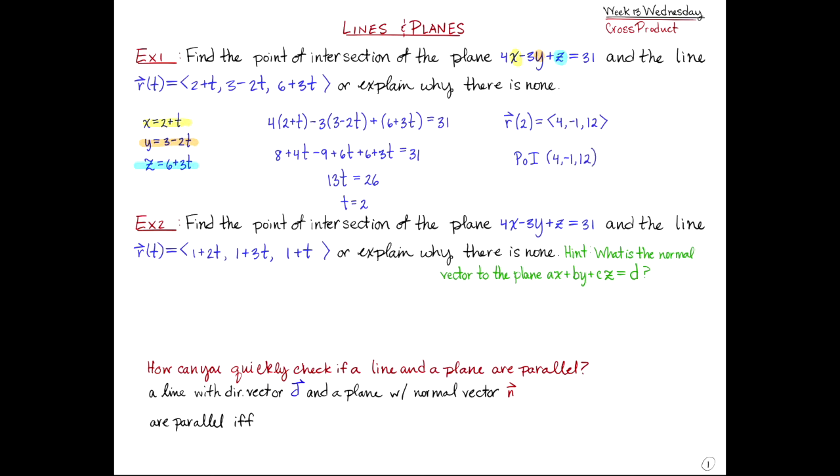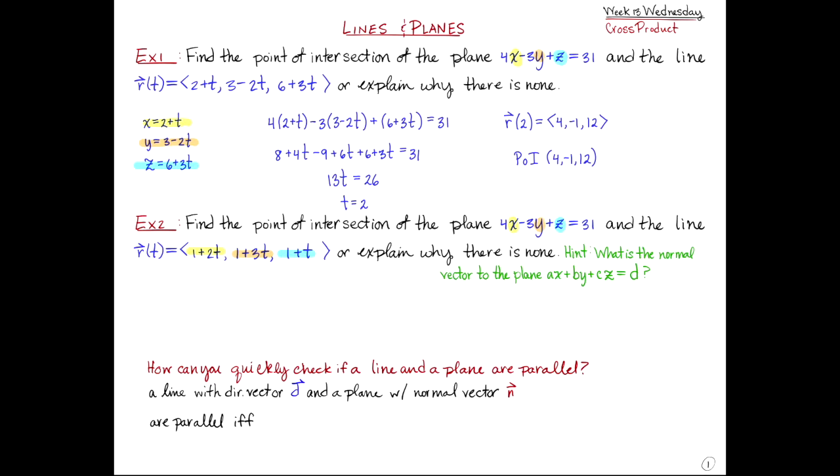The next example, same idea here. To find the point of intersection, we can sub 1 plus 2t in for x, 1 plus 3t in for y, and 1 plus t into z, all into the equation of our plane, and then solve for t.